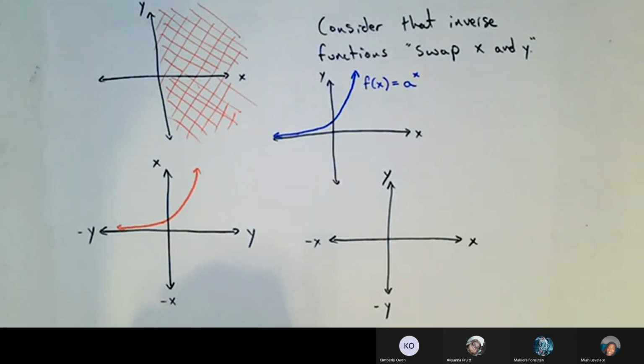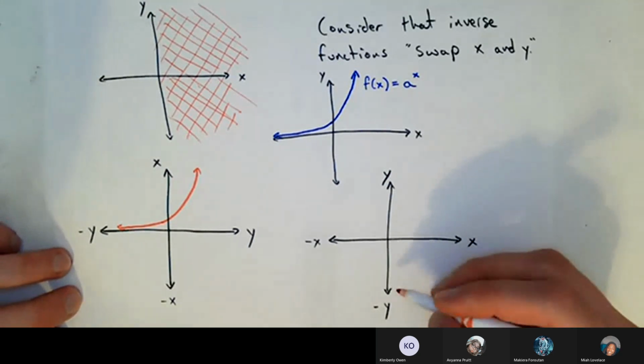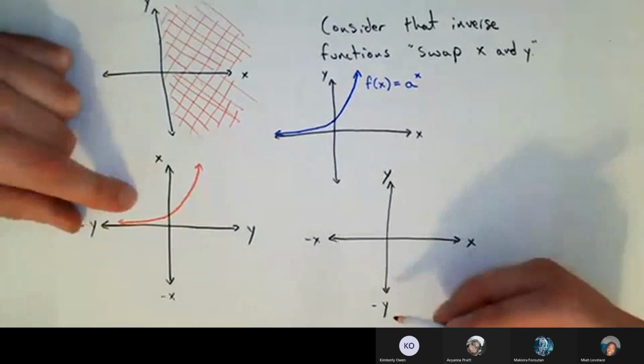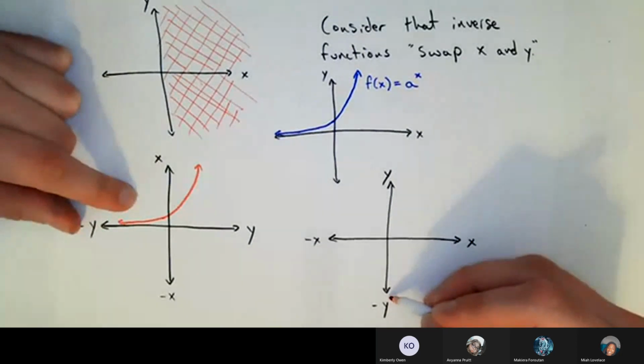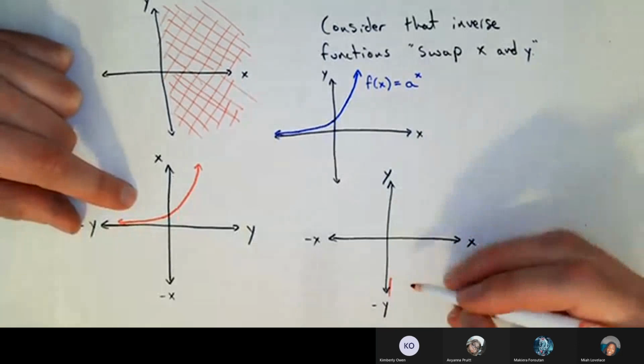Which is a little bit confusing, but so what is this function doing once I flip this back to this format here with x being horizontal and y being vertical? Down here, where y is negative and x is positive, it's sort of hugging this axis, right? Because this horizontal axis is now vertical.